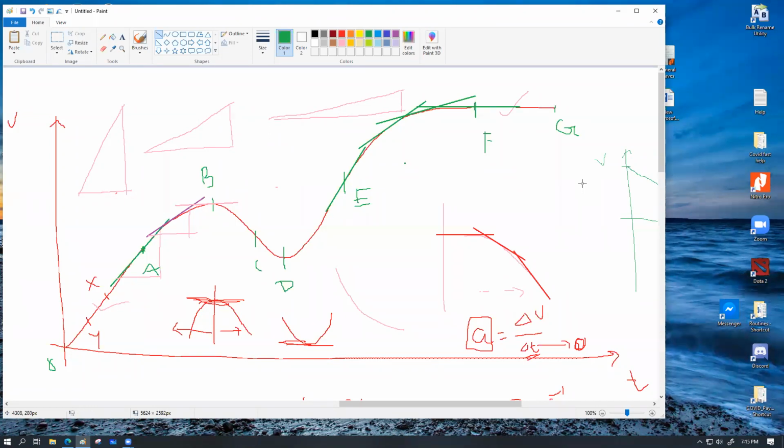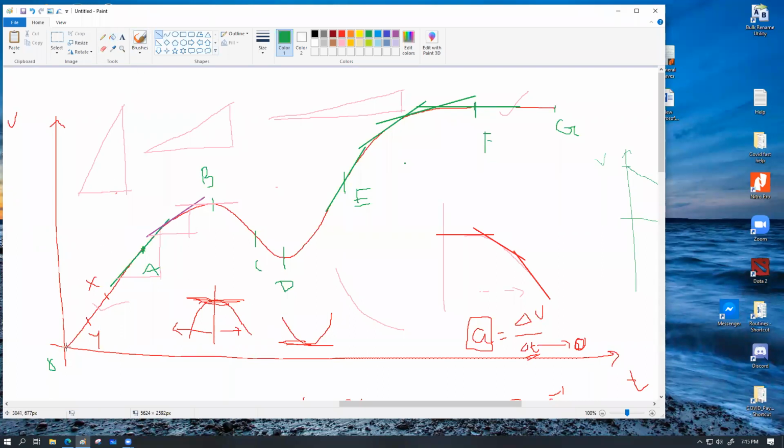Yes, Fabiha. Sir, why can't we consider the line from D to E as a straight line? Why is it different from O to A? Because we have a very visibly looking curve. O to A is a perfect straight line. There you can see a little bit of curve, which I didn't mean to draw.